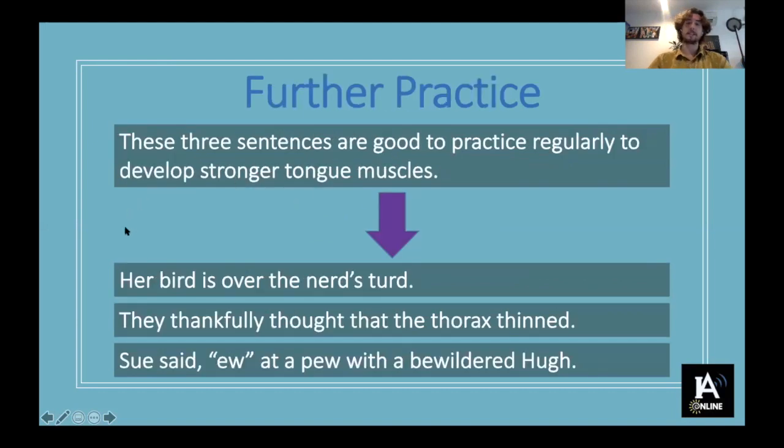Further practice. These three sentences that I have right here are good to just repeat over and over and over and over.